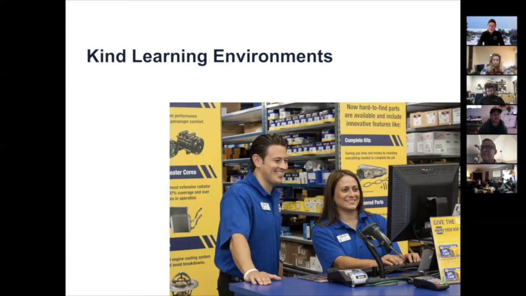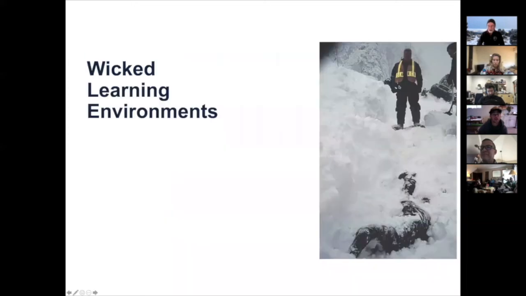The other one is what we'll call a wicked learning environment, where we don't get that direct feedback. And we don't want that direct feedback because it has harsh consequence. So our feedback can often be misleading. Those people who skied Battleship and it slid the next day, they didn't get immediate feedback, nor did they want that.